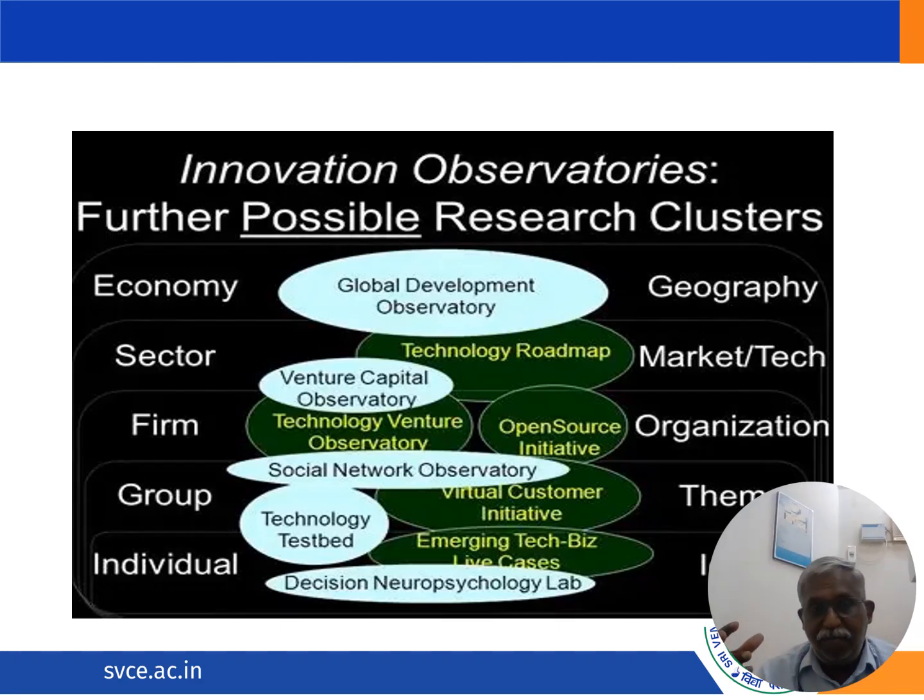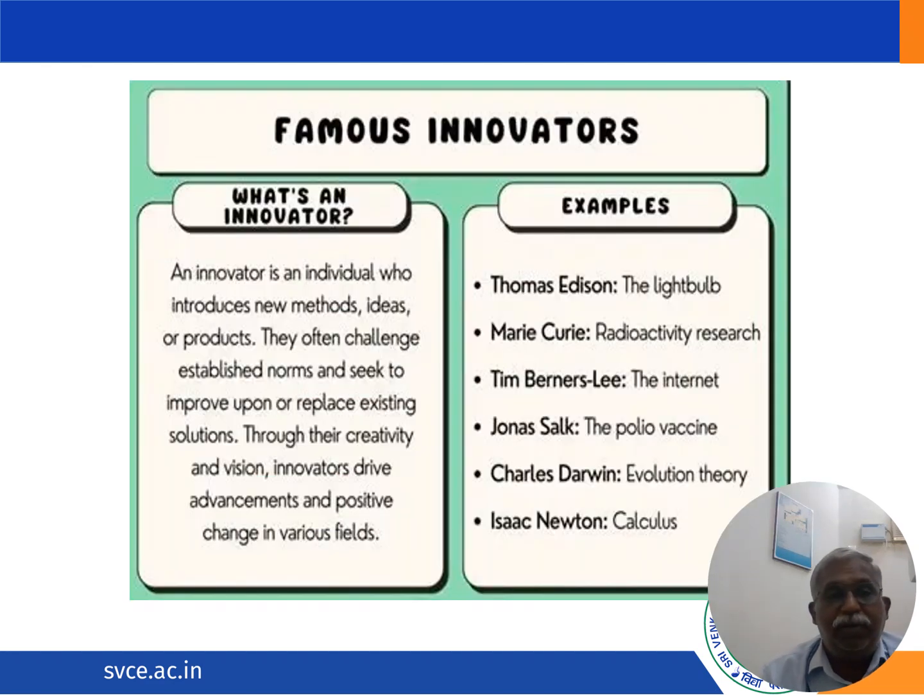We are merging these two, networking socially. Because of that, many new things become possible. Now we come to the important point: based on observation, how new products are developed. Now we will see some examples in new product development.